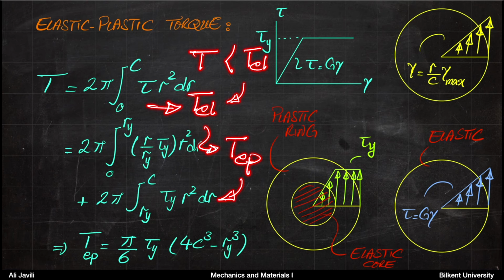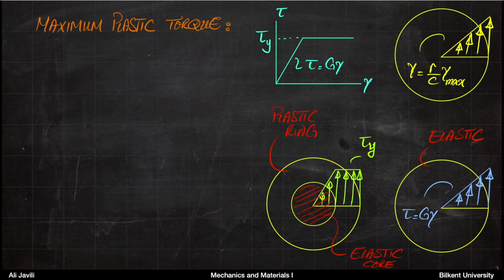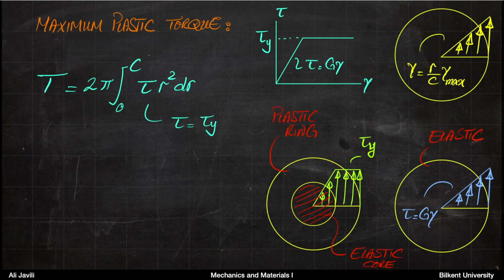We want to know what is the maximum torque you can get. And you can imagine the maximum torque you can get is where everything is plastic. So now we want to calculate the maximum torque or maximum plastic torque. Again, we just call it maximum plastic torque, but this is also our maximum torque. Beyond that, we cannot exceed.